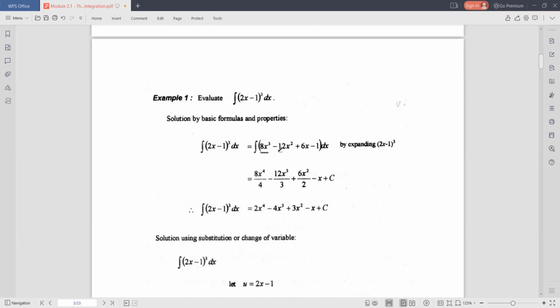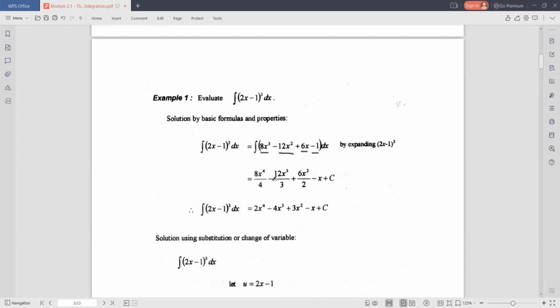So you have integral of 8x cubed minus integral of 12x squared plus the integral of 6x minus the integral of 1. And so the integral of 8x cubed with the use of power rule sa integration, that will become 8x raised to 3 plus 1 over n plus 1. Or that is 3 plus 1 is 4, or it will result to 8x raised to 4 over 4.